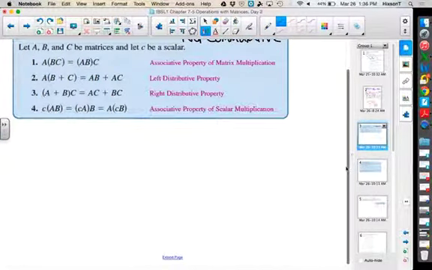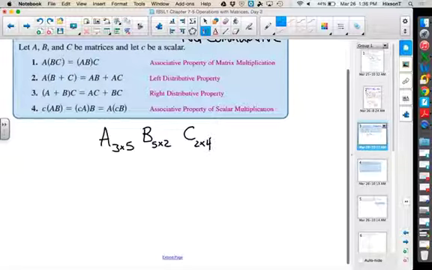Looking at that briefly just with the dimensions, let's say A is a 3 by 5 matrix, B is a 5 by 2 matrix, and C is a 2 by 4 matrix. If I did A and B first, what am I going to get?